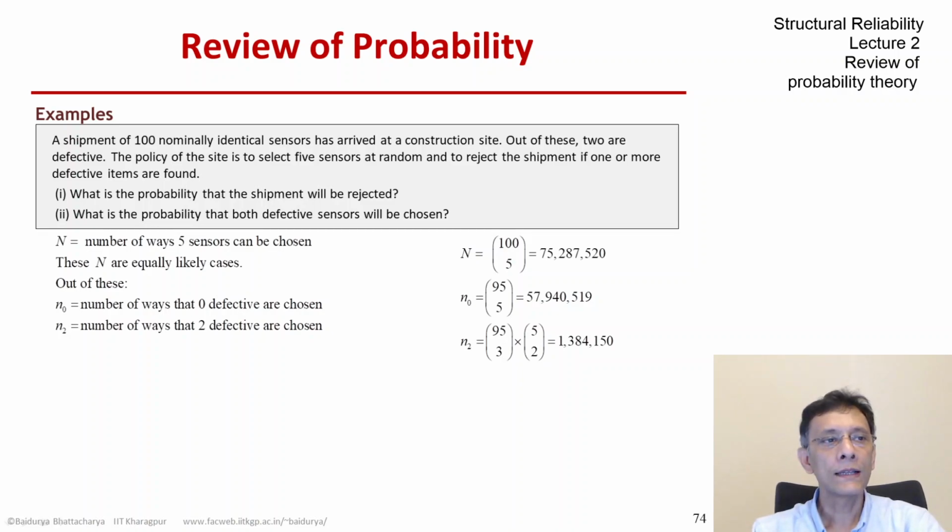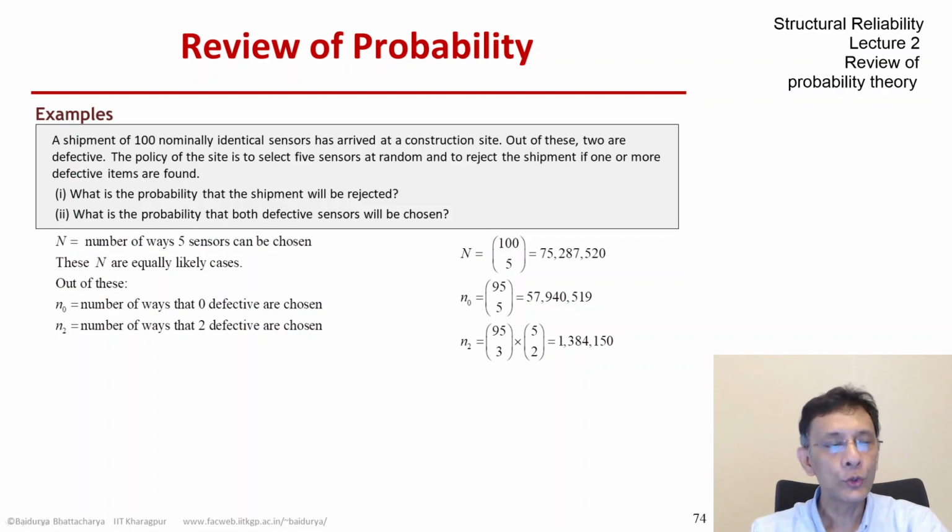We know that capital N in this case would be 100 choose 5, and that's a very large number, 75 million plus. n0 is where we do not choose any defectives, so we choose 5 from the non-defective ones. So 95 choose 5, that's about 57 million.